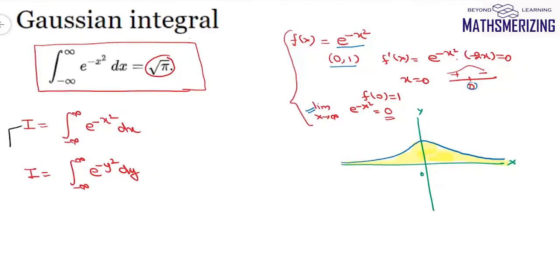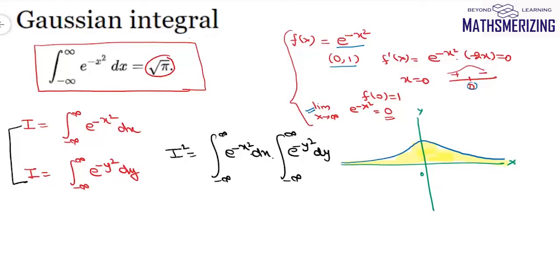Now I'll multiply the two integrals. I can write it as I squared, which is the integral from minus infinity to plus infinity of e to the power minus x squared dx, times the integral from minus infinity to plus infinity of e to the power minus y squared dy.